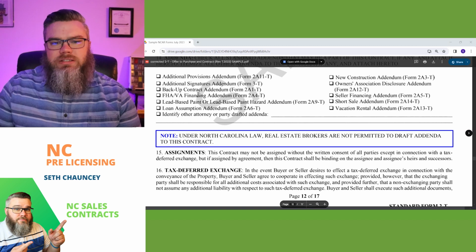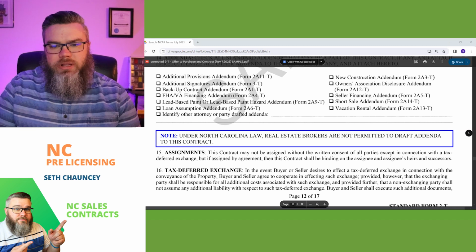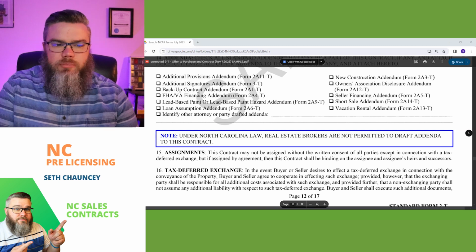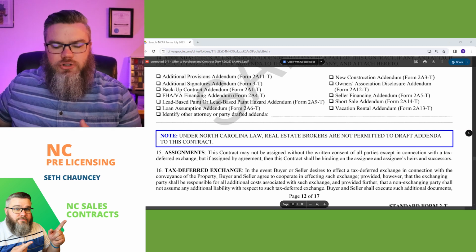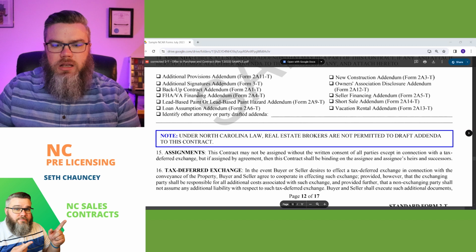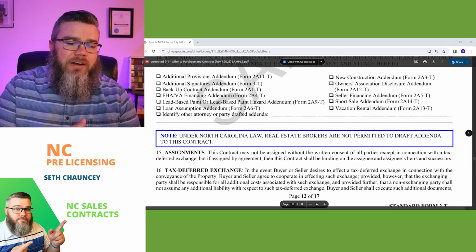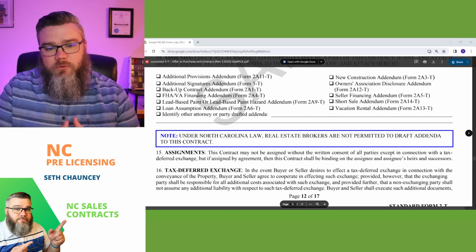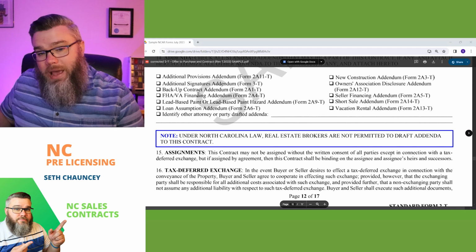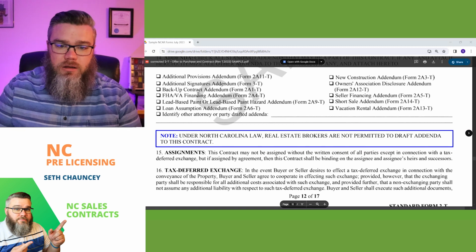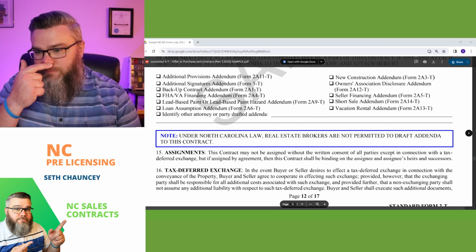Basically, all it does is protect you for appraisal issues. If the house doesn't appraise, you can terminate and get your earnest money back. Not the due diligence, the earnest money. So let's say that this appraisal comes back after the due diligence period where you normally would have forfeited your earnest money. You could get it back if you had an FHA VA financing addendum attached.